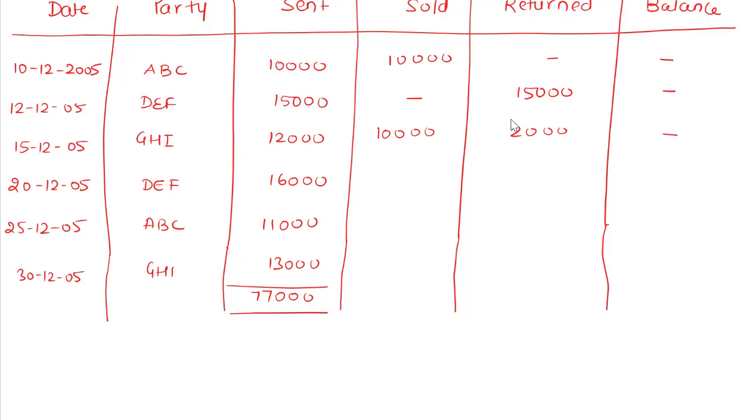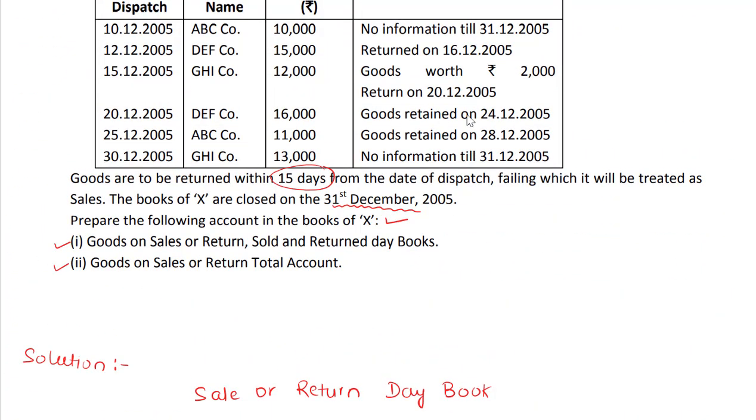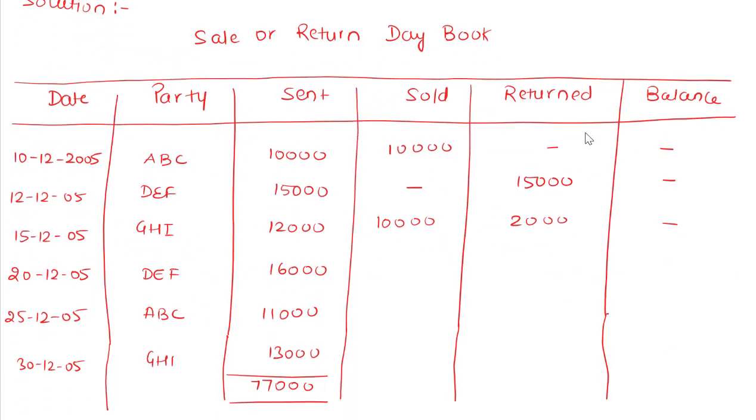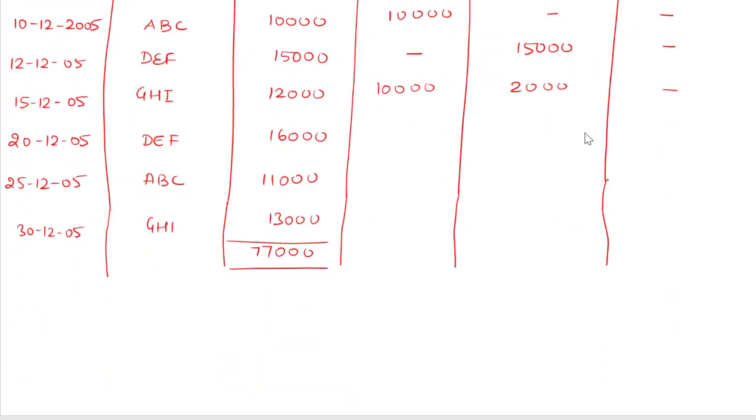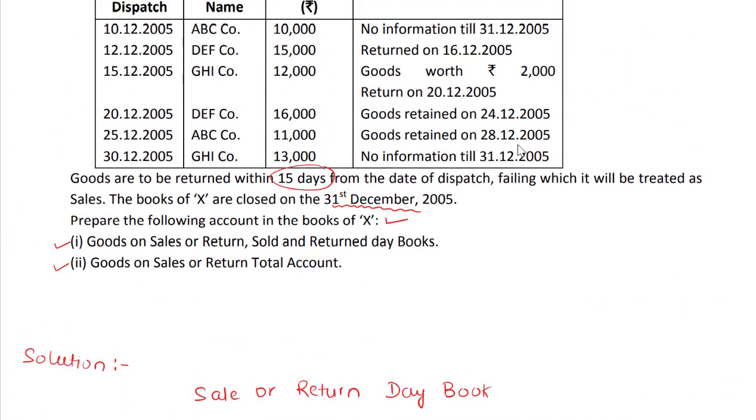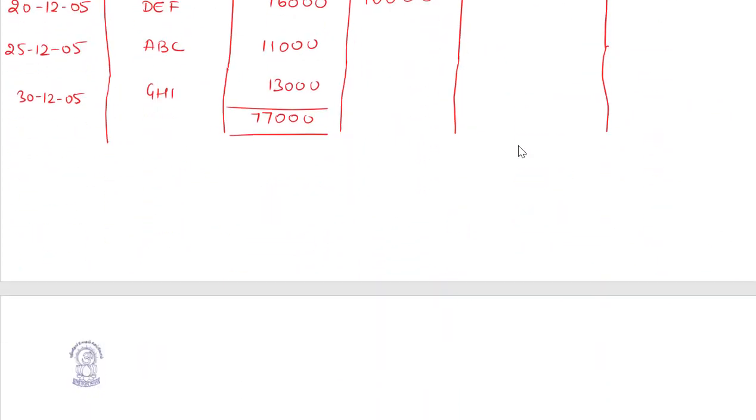The balance is nil. Fourth, goods retained on 24th December. If retained, then it would be treated as sales. Next, fifth, goods retained on 28th December, treated as sales.